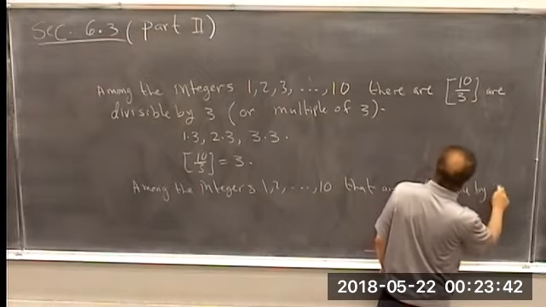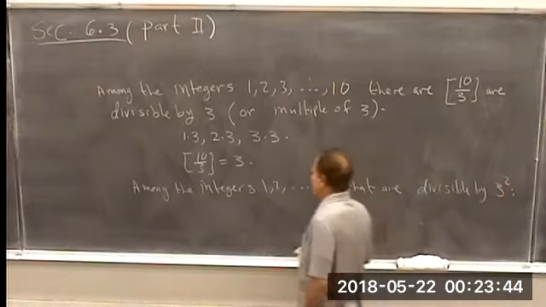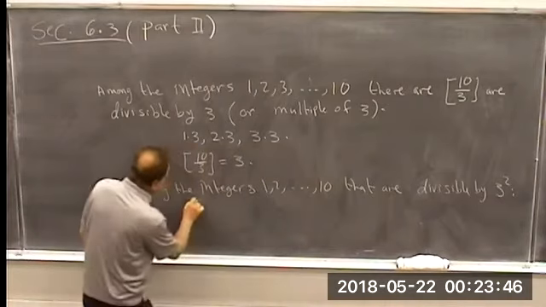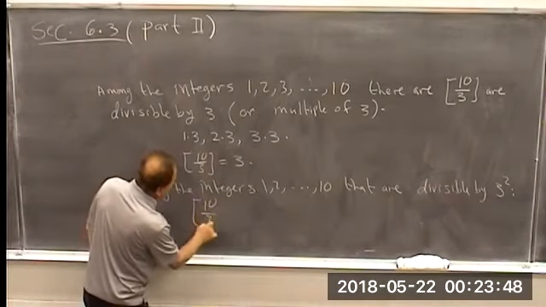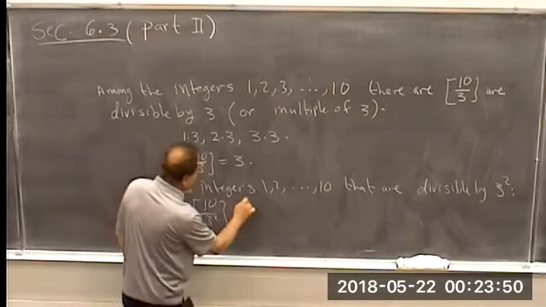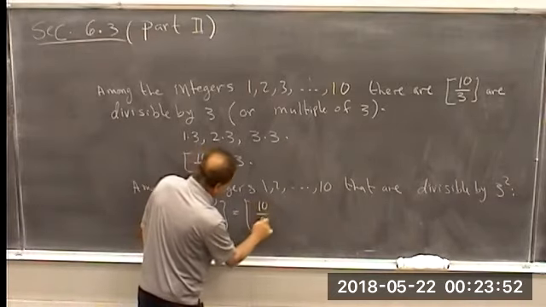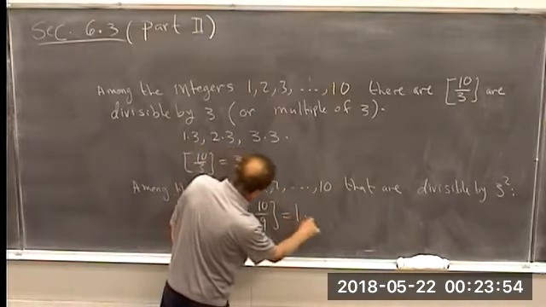The number of these is going to be 10 over 3 squared, which is 10 over 9, and this is equal to 1.